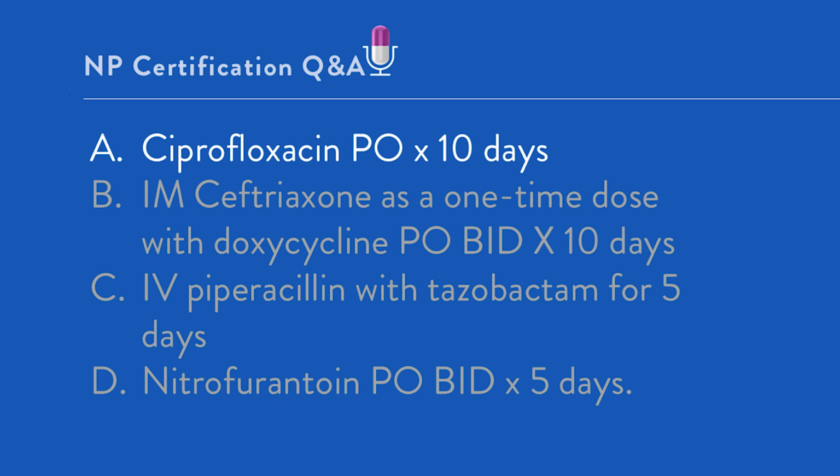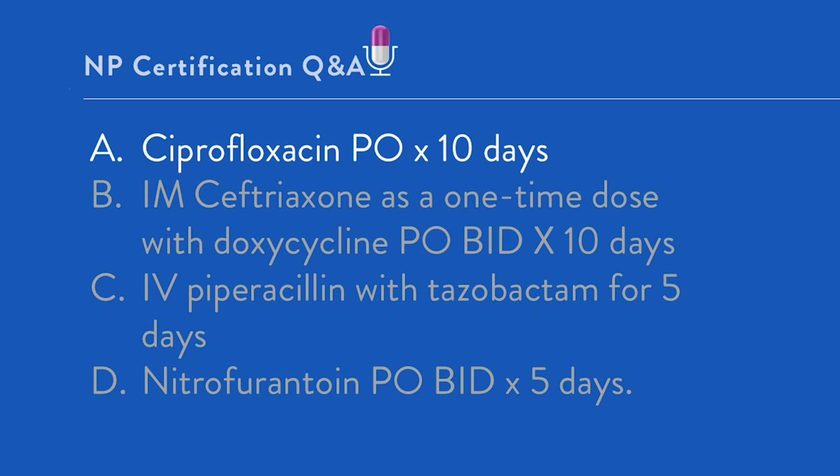The boards will not do that to you. You would never get a question like this where the next answer is levofloxacin for 14 days. You'll never get a question like that, because that doesn't test your clinical decision making.